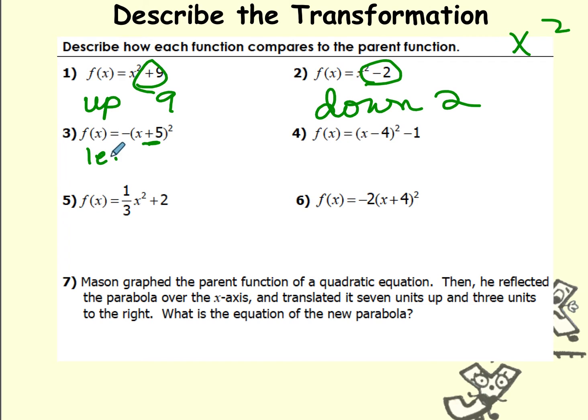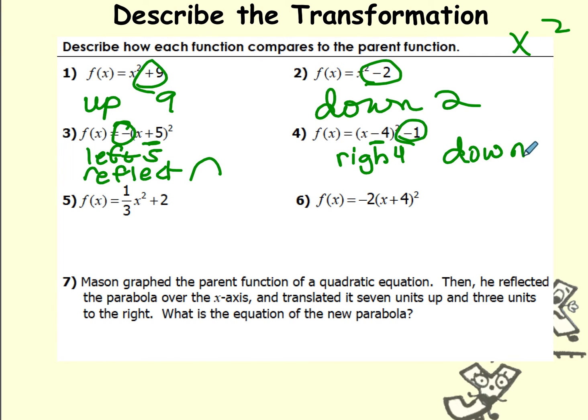So it's going to go left 5, and a is negative, which means it's going to reflect. So it's sad. Okay, minus 4 in there with the x that's being squared means it's going to go to the right 4, and that minus 1 means down 1.